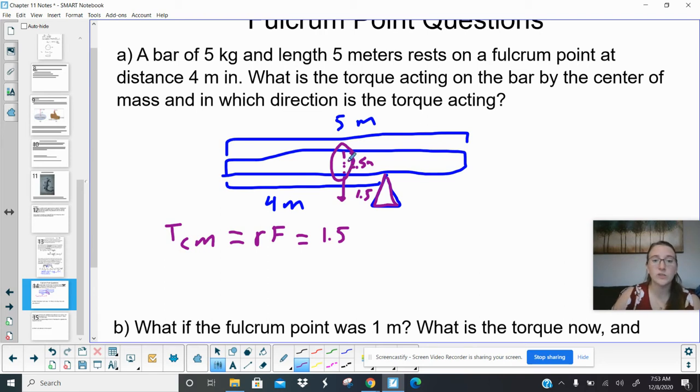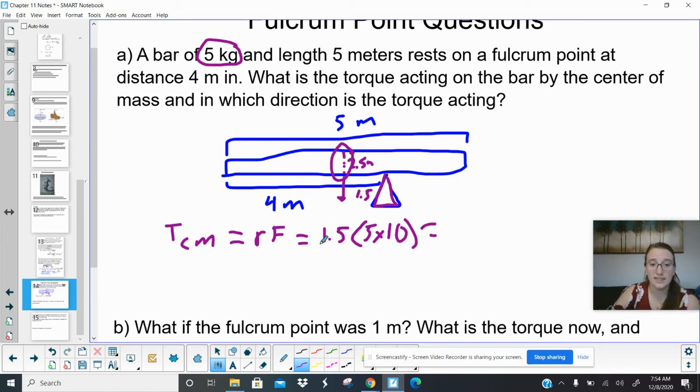So what is going to be the force of gravity of the bar then? The bar is 5 kilograms, so 5 times 10, that's going to be the force of gravity pulling down right there. Again, that's the center of mass. We can do the math, and it works out that all of the mass is concentrated right there.